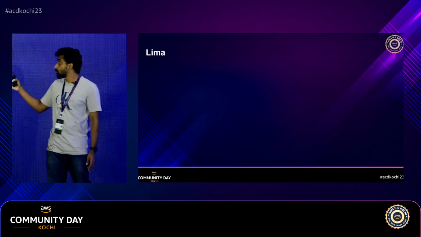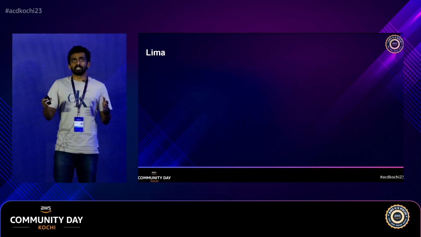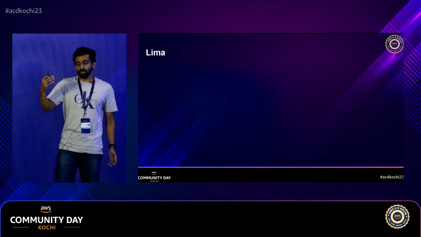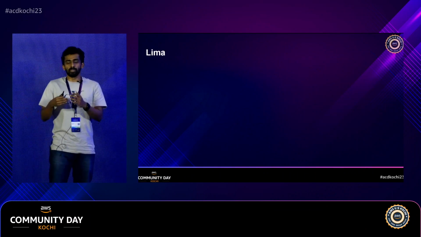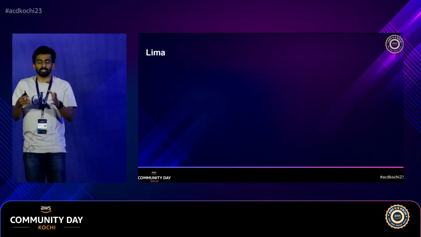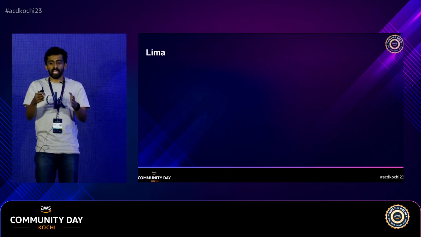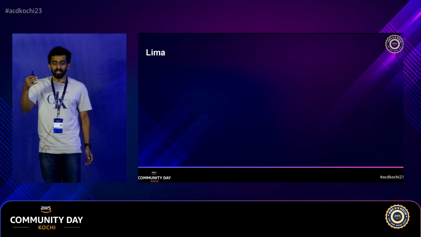Now the next component is Lima. This was also developed as an initial step to get containerd working on Mac. As you know, to get Linux containers working on Mac or Windows, you first need a Linux VM. So Lima is actually Linux on Mac, but later it evolved to work on FreeBSD, Windows and Linux itself.